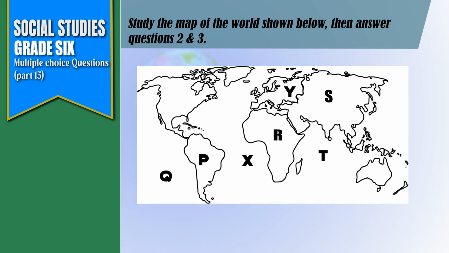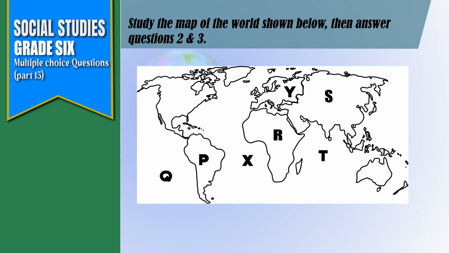Of course, the map shows the continents and also oceans. So we have letter S, letter Y, letter R, and letter P, which are on particular continents. More specifically, S is on Asia, Y is on Europe, R is on Africa, and P is on South America.